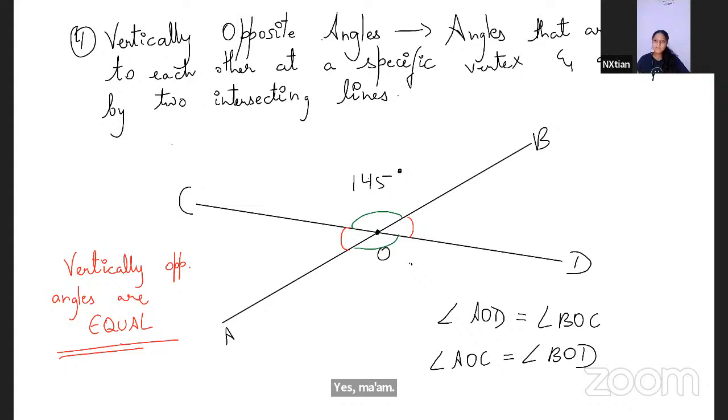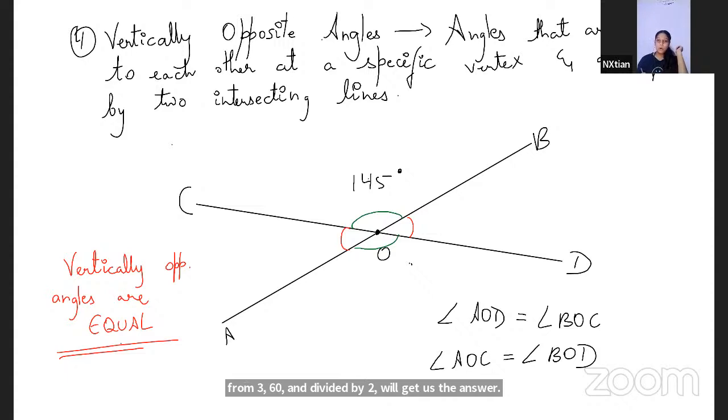Corresponding angles are the same, so 145 and 145. Then angles around a point equal 360. So we add 145 plus 145, subtract the sum from 360 and divide it by 2, and that will give us the answer.